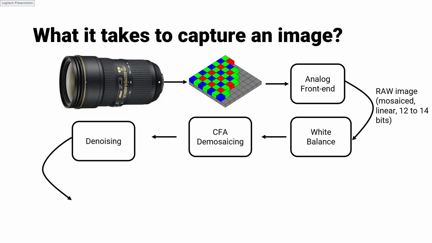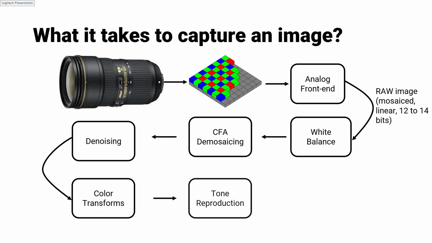And then we perform some denoising so that we remove artifacts which exist after doing the demosaicing procedure, and then we can perform more color transformations to make the colors look richer and nicer. And then we can do something called tone reproduction or tone mapping, which adds contrast and sharpness to the image, which makes your image look good.